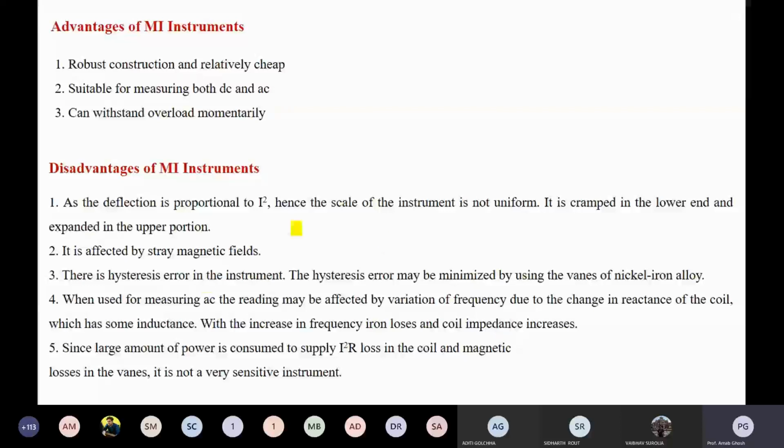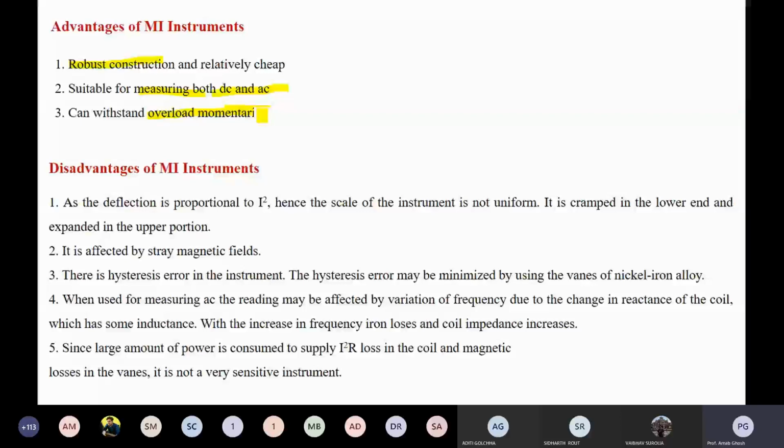It can withstand overload momentarily; the overloading condition will definitely be there, and that is also taken care of by this instrument.